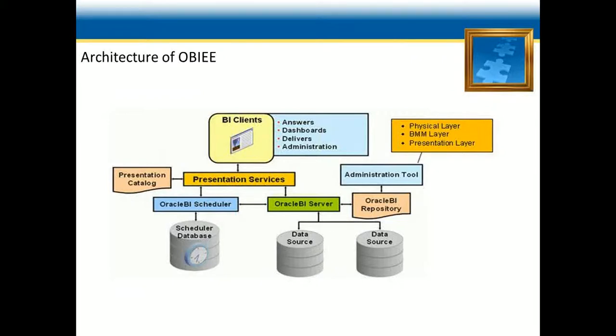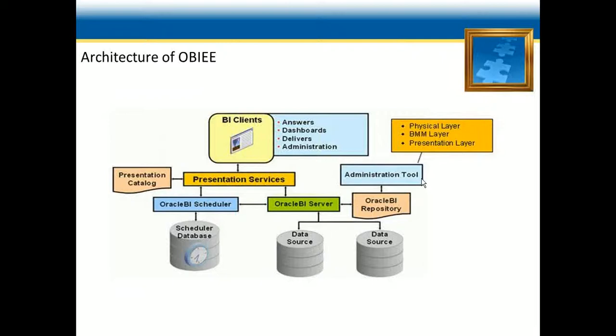You should know the architecture of OBI if you're planning to have this software in your office. I'll be explaining it deeper in the next slides; here I will go at a high level. Physical layer, BMM layer, presentation layer: these are the layers present in the Oracle BI Administration Tool.